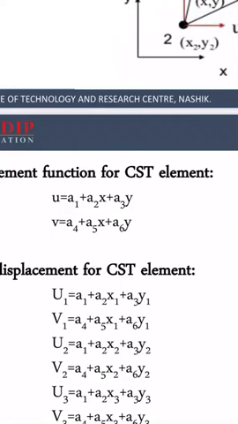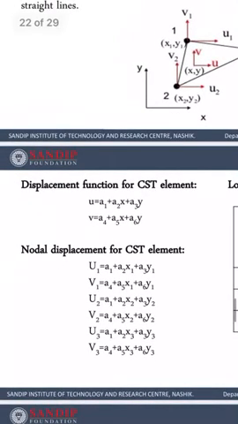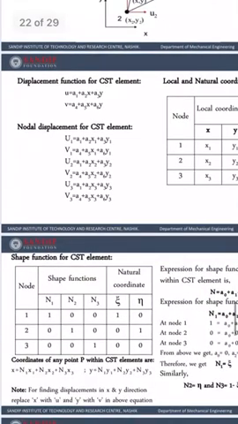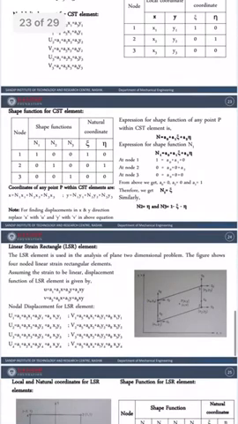So we have studied the CST element, the selection of the displacement function, the shape functions, and the coordinate system. We also studied the N1, N2 and N3 values.